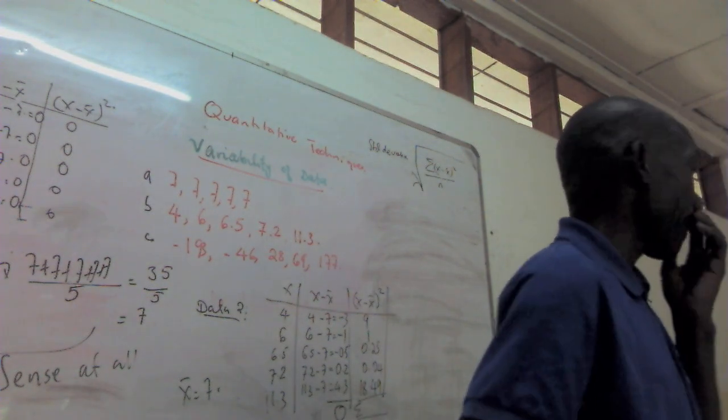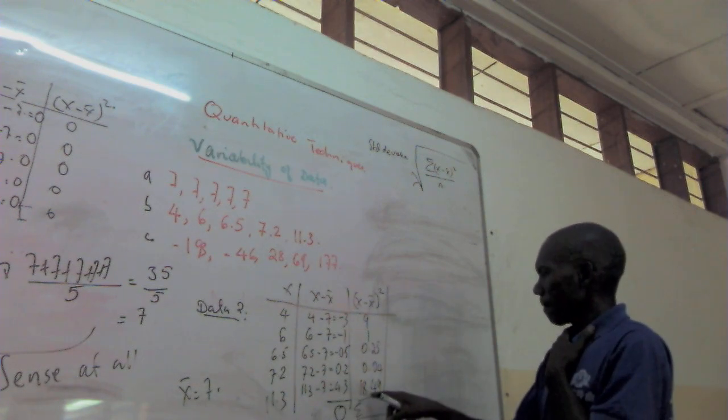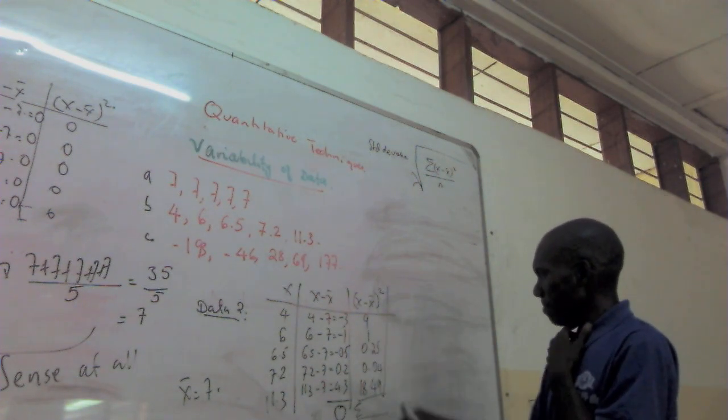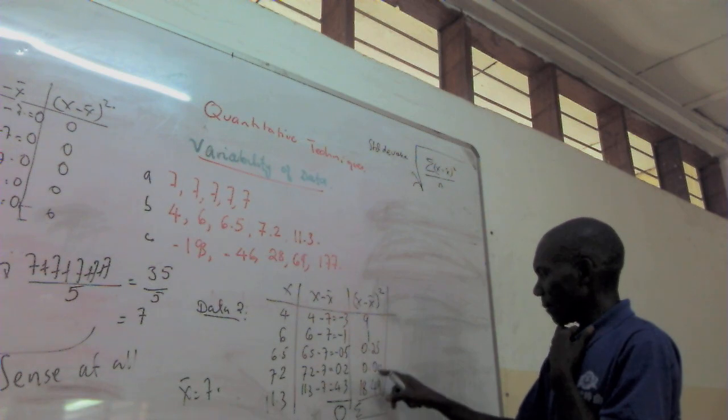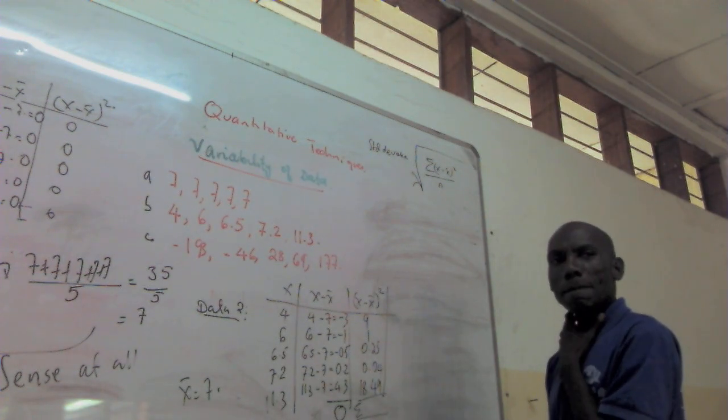When you add this one, 9 plus 1 plus 0.25 plus 0.04 plus 18.49.